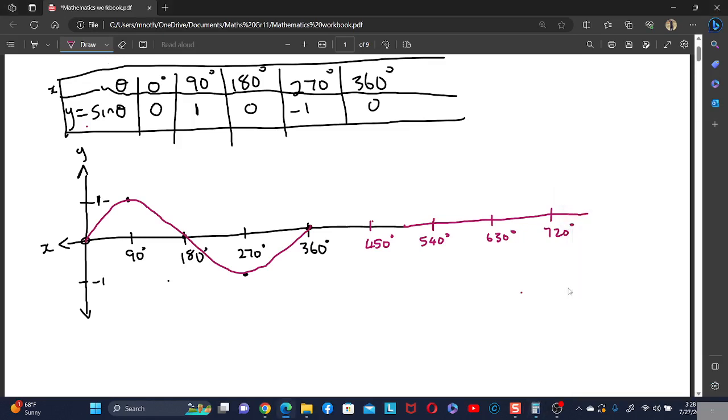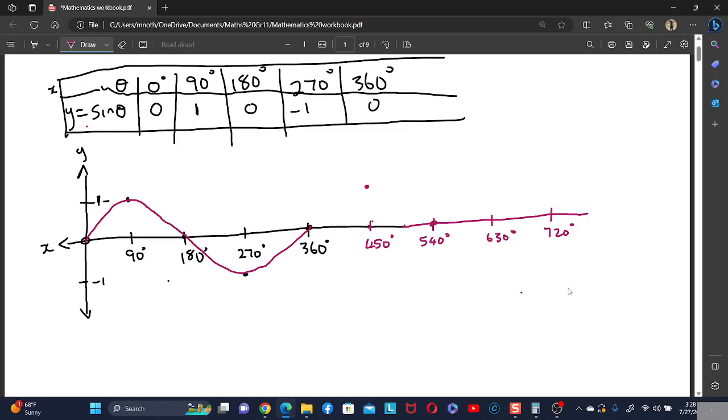Okay, so this is our sine graph. Now if we're going to say sine 450, that is going to be 1, so our graph is going to be here. And then sine 540, it is going to be 0.